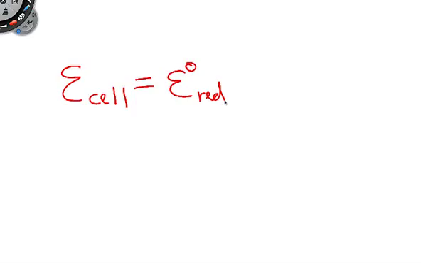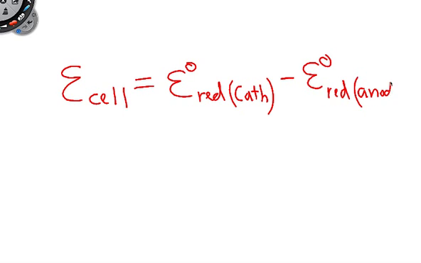Naught simply means 1 molar solutions at 25 Celsius. But guys, that is the E naught of the cathode. And then we subtract from that the E naught reduction at the anode. And why do we subtract the anode? What does the subtraction do? Changes the sign. You get the idea?